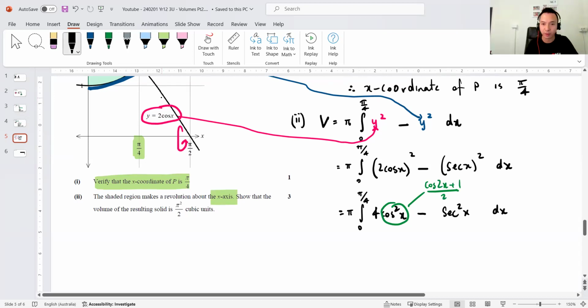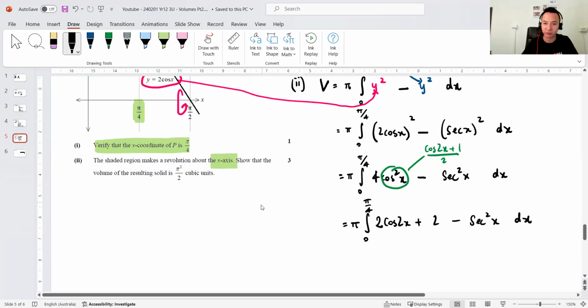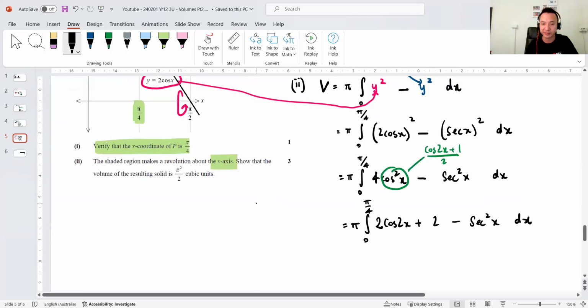So it becomes, 0 to pi on 4, the 2's cancel out, so that becomes 2 outside of cos 2x plus 2, minus sec squared. Okay, now I can integrate all of those elements, right? It's actually quite nice. Oops, I've got no more space.